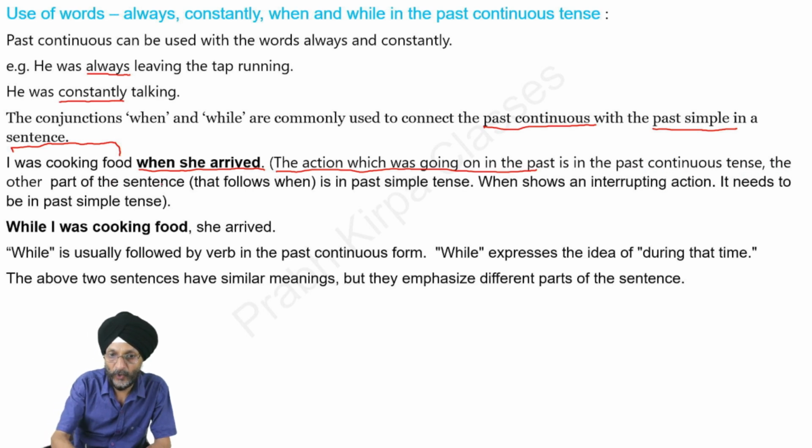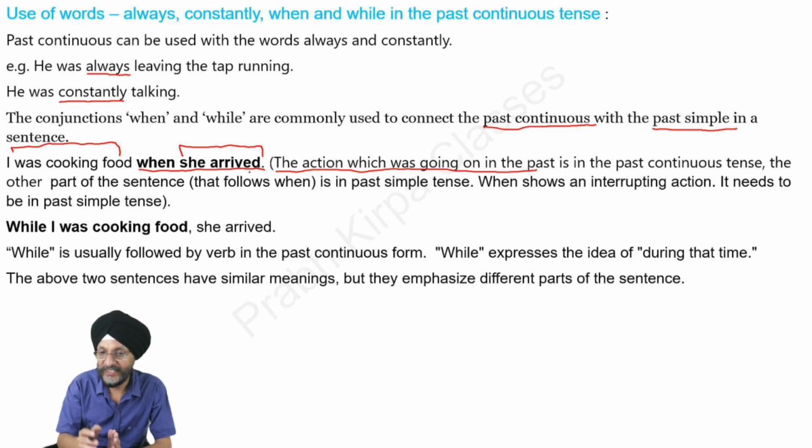The other part of the sentence that follows when is in the past simple tense. That is, she arrived is in past simple tense, whereas the sentence which shows the action was going on in the past is in past continuous form.